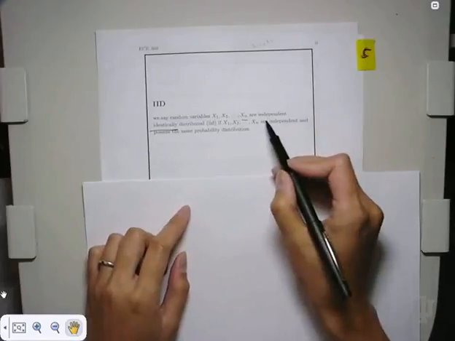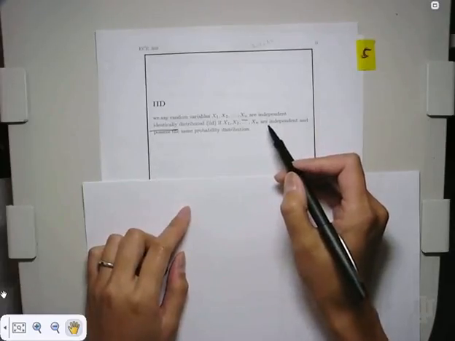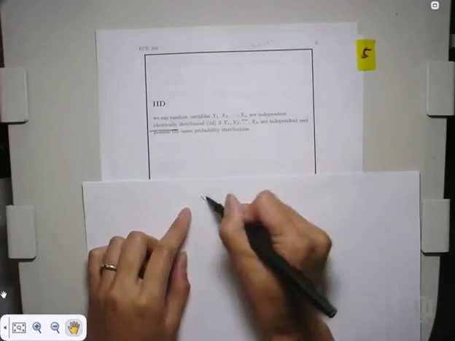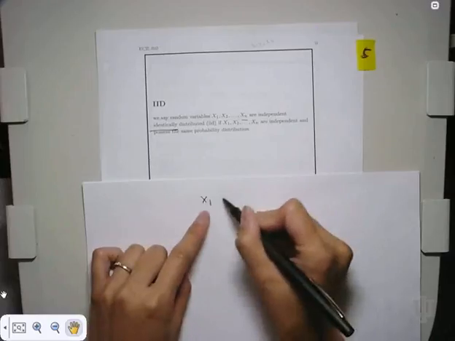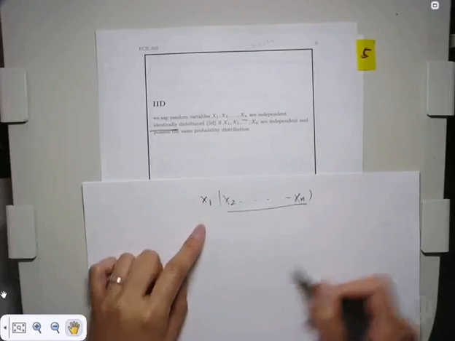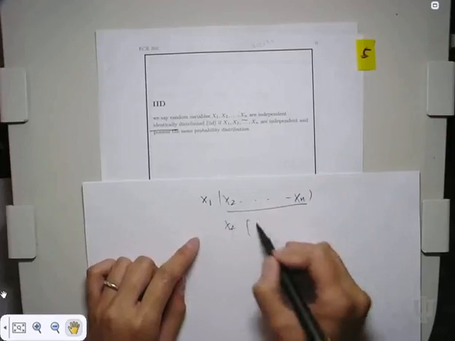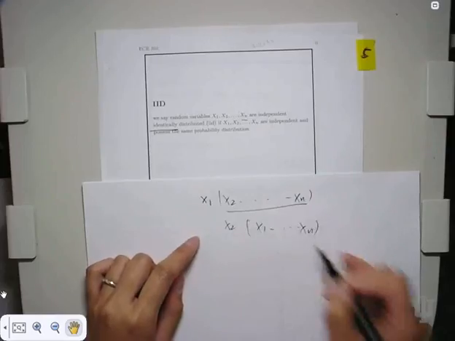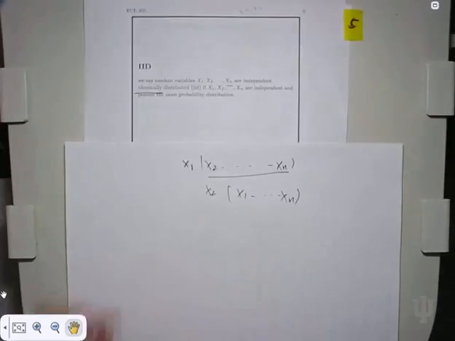And independent with each other, mutually independent, means x1 is independent of x2 and any of those; x2 is independent of any of those. So they are all independent of each other.